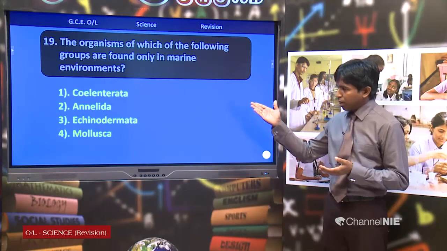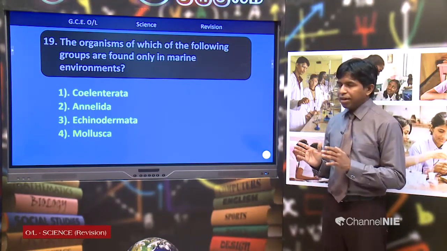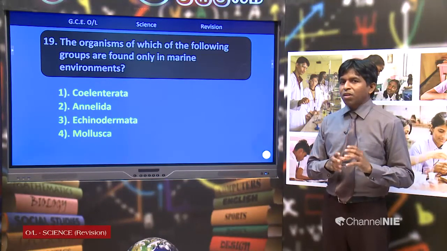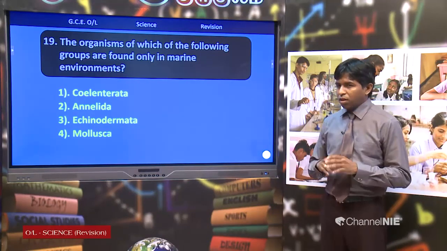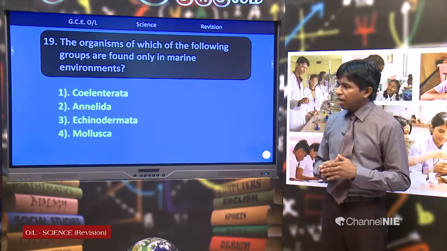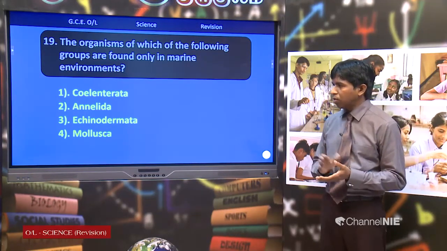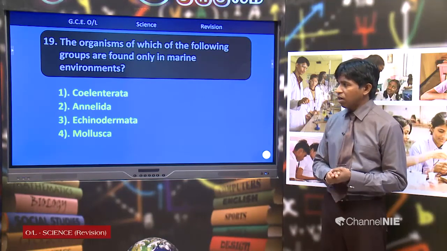Let us analyze the answers one by one. First answer, coelenterata. In coelenterata, some organisms are in fresh water, some are in marine water, like hydra, jellyfish, sea anemone. Annelida, the earthworm, leech, or nereis, are found in both. Some are found in fresh water, some in a moist environment, some in a marine environment.